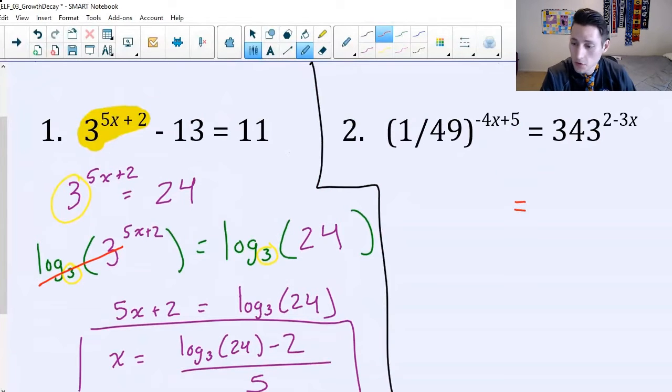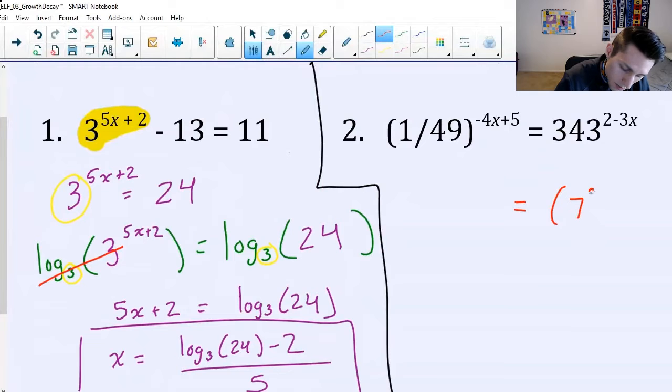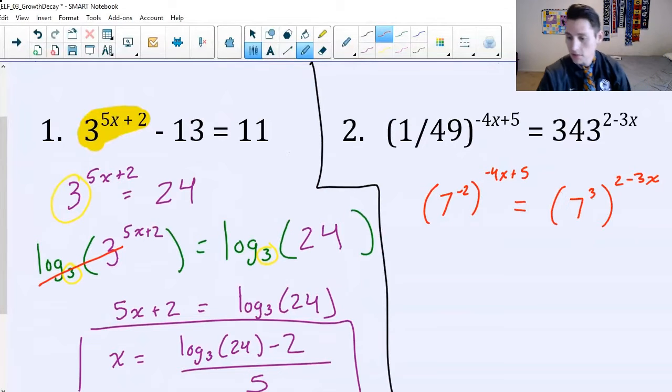They are both powers of 7. So 343 I can rewrite as 7 cubed. 1 over 49 I can write as 7 to the power of negative 2. Because 7 squared makes 49, but the negative is what drops it down into the denominator.